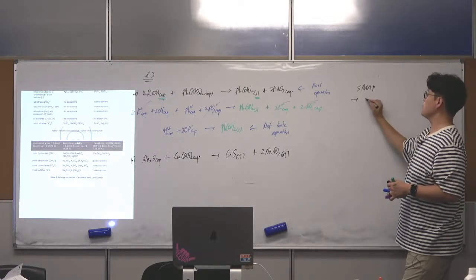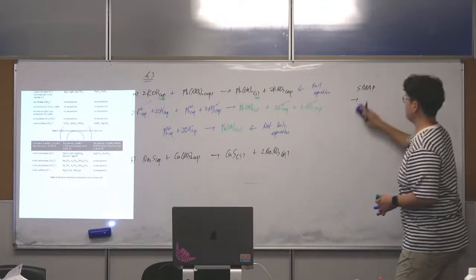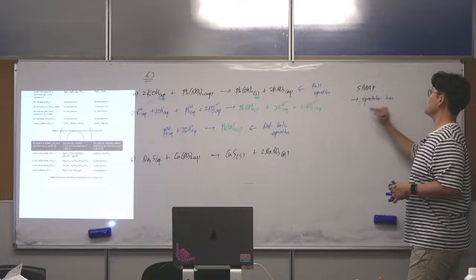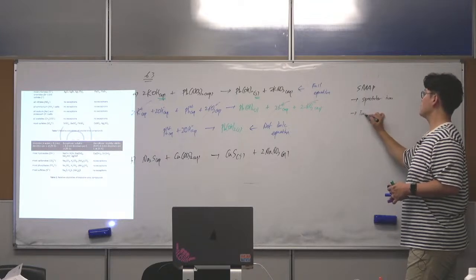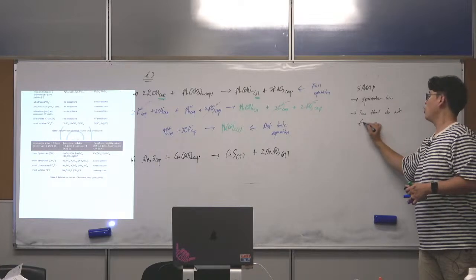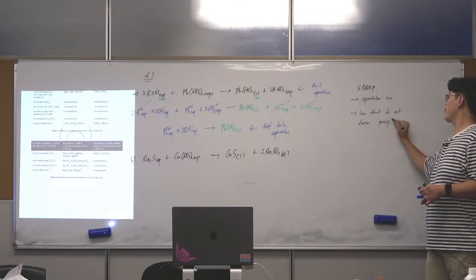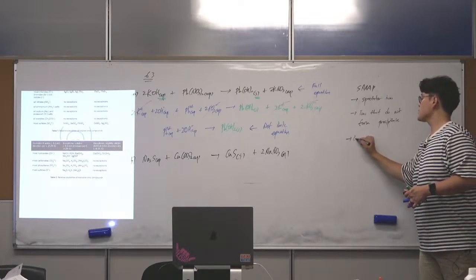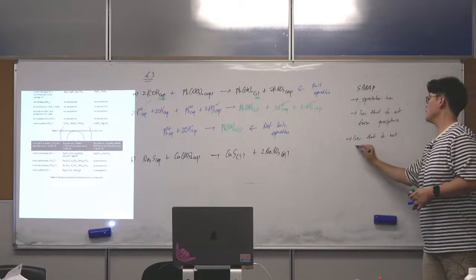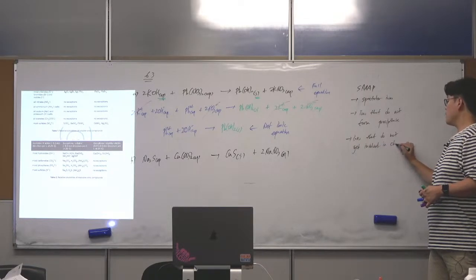We call the SNAP ions spectator ions: ions that do not form a precipitate, or ions that do not get involved in the chemical reaction.